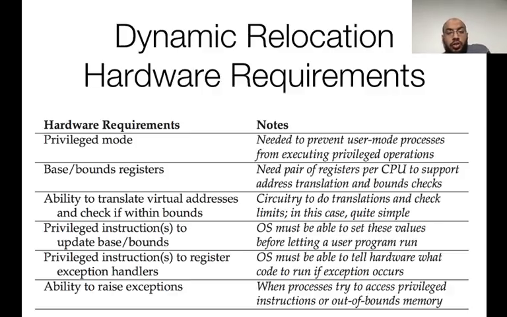You need the ability to translate virtual addresses and check if they are within boundary. This can be done with an MMU or with the actual processor that you have, but this will incur a larger overhead. You need privileged instructions to update base and bounds, basically increase them or set new values for them.